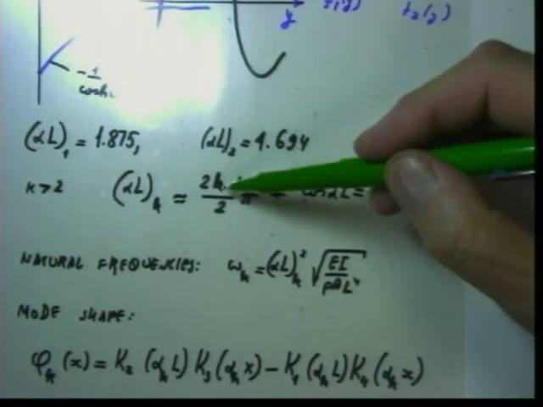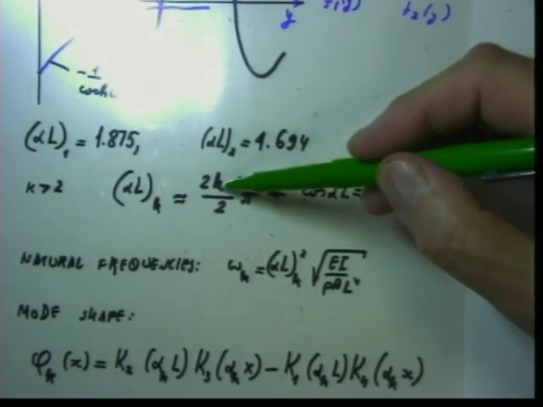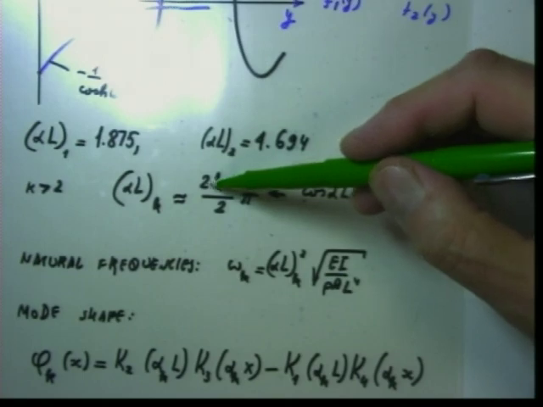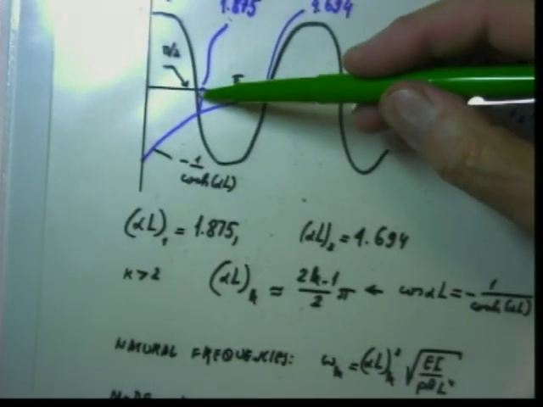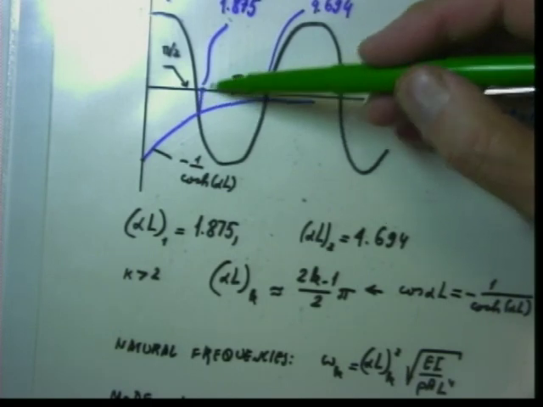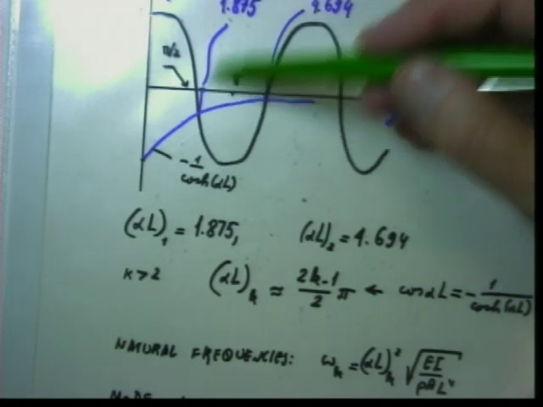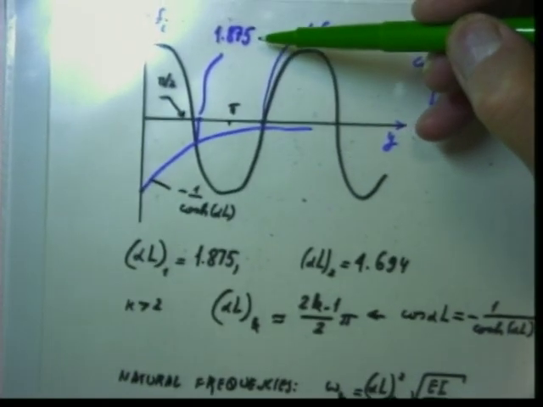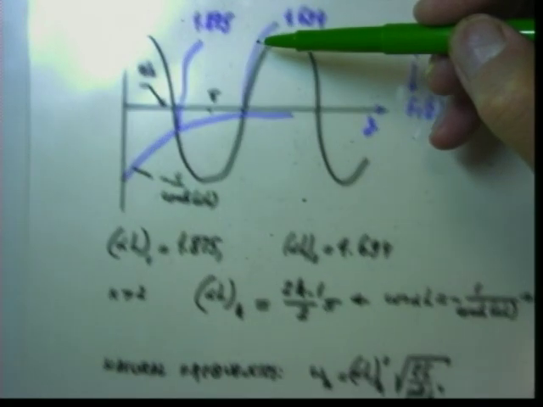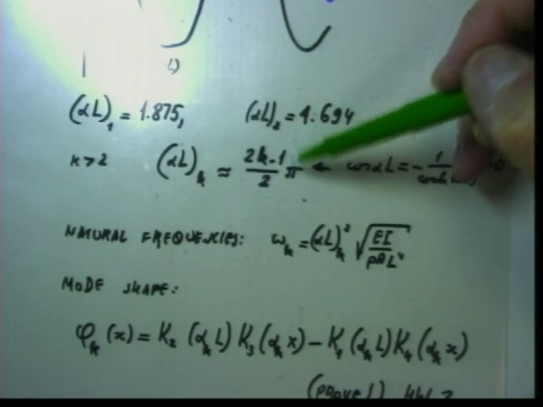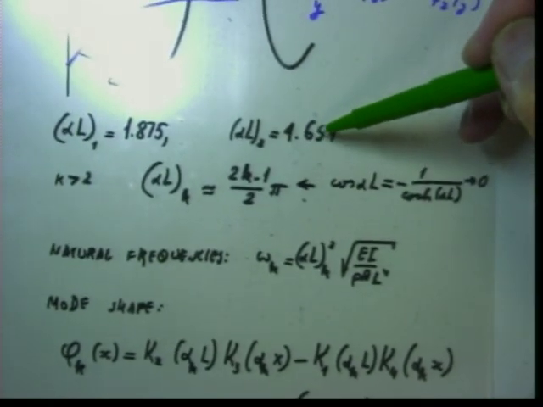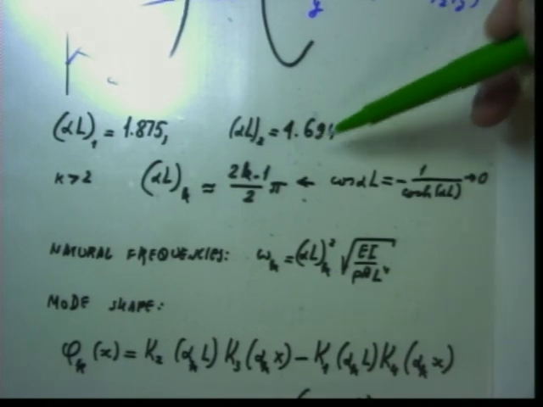For k equals 1, that would be pi over 2. 2 minus 1 is 1, half pi. So that is not a good approximation because it's not 1.57, but 1.875. For the second, it is quite a good approximation. 4.694 is the exact solution. Approximate is 4.71.